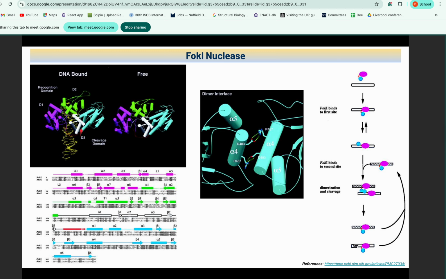In the case of this white one, which is subdomain 3, we have alpha 1 to alpha 3, that means 3 alpha helices and 3 beta sheets, beta 1, beta 2, and beta 3. And in the case of the cleavage domain or C-terminal domain, we have alpha up to alpha 6, so 6 alpha helices and 6 beta sheets.